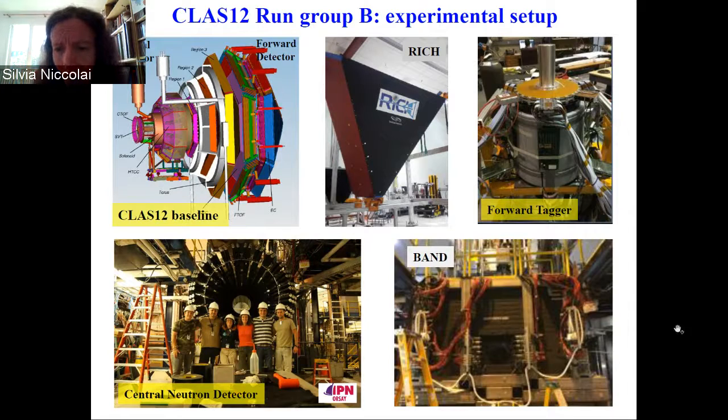For RGB, we had the addition of the back angles neutron detector that was built specifically for the short-range correlation experiment that I mentioned earlier.